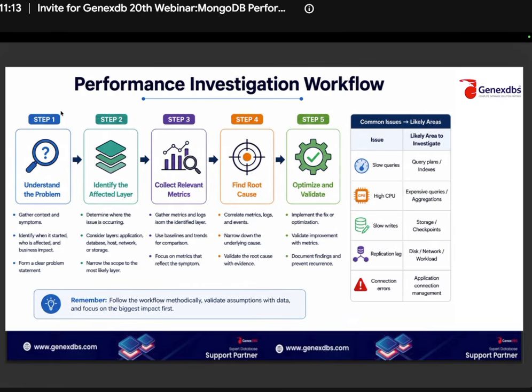Here we have to know the symptoms of the issue and identify when it started and who is affected. We should also ask questions like: which application feature is slow, are reads, writes, or both affected, did the issue happen after a new deployment, and did it happen to some users or to every user?